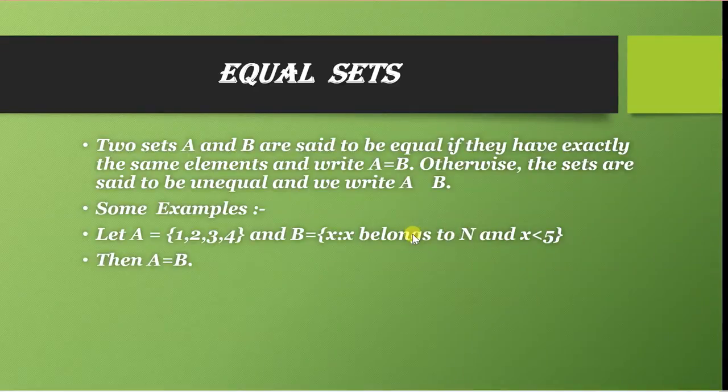This is the set builder form. When we write it in the roster form, the set B is also having the elements 1, 2, 3, 4. It means A and B both are having the same elements, so we can say that A equal to B.